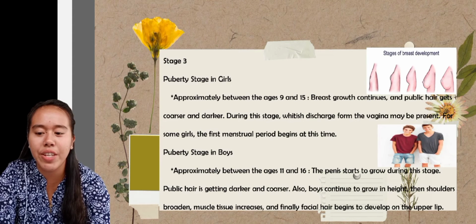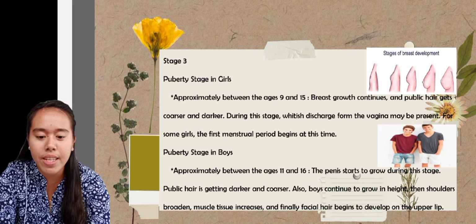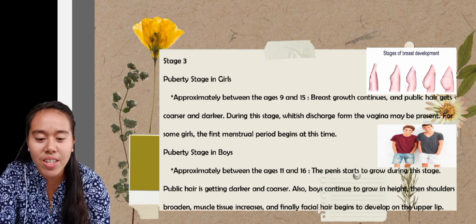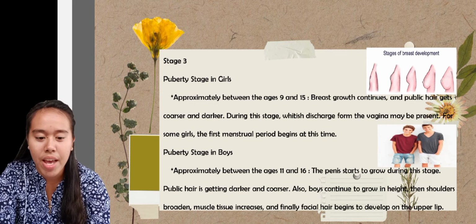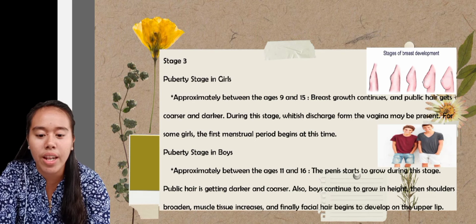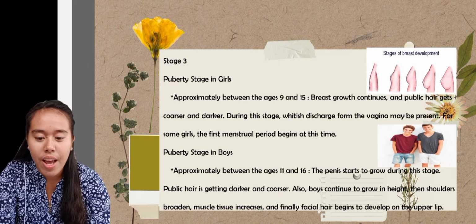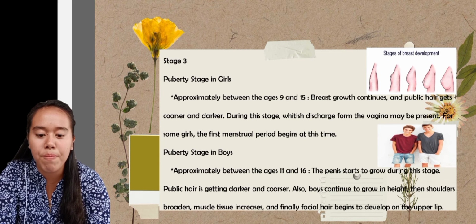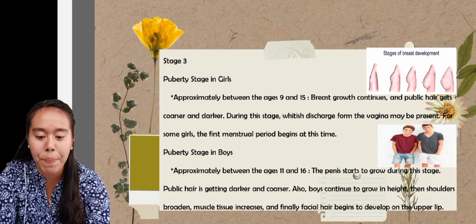Next is stage 3 of puberty in boys. Approximately between the ages 11 and 16, the penis starts to grow during this time, and it tends to grow in length rather than width. Pubic hair is getting darker and coarser and spreading to where the legs meet the torso.